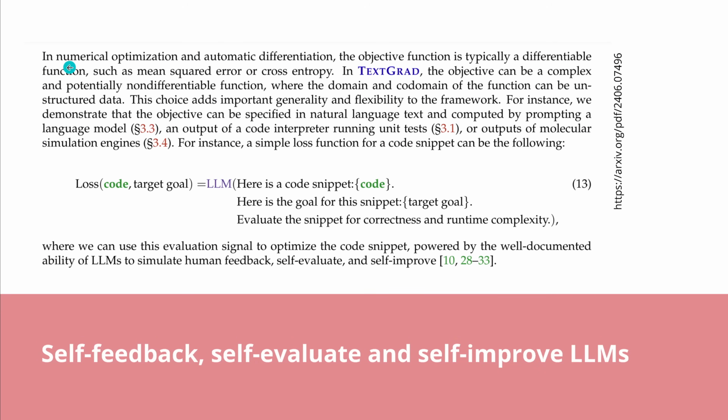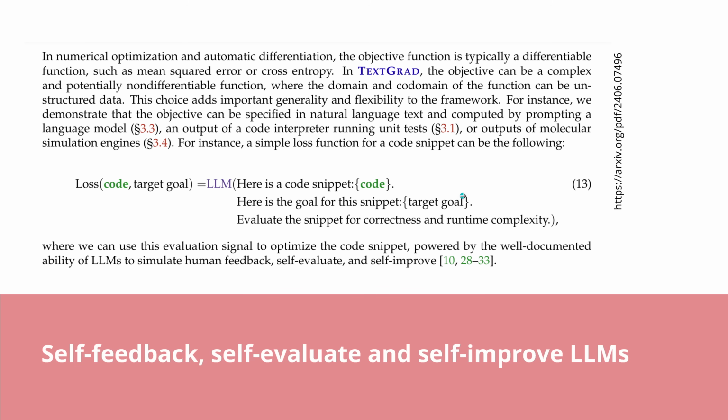And again, they have this analogon of the numerical optimization and of the automatic differentiation, and with this beautiful TextGrad, it can be a complex and potentially non-differentiable function where the domain and the codomain of the function can be unstructured data. Yes. And they show us a simple loss function for a code snippet. So if a code LLM can be the following. You have the loss function depending on the code and your target goal that you want to achieve and the code optimization task. So for the LLM, this means, hey, here's your code snippet. This is the code. And here's the goal for this snippet.